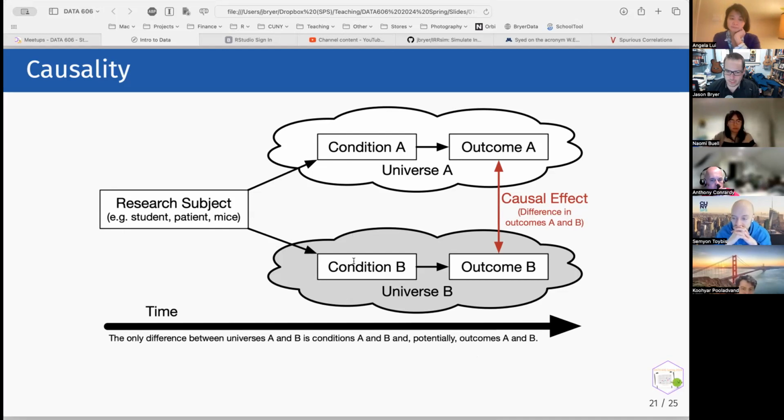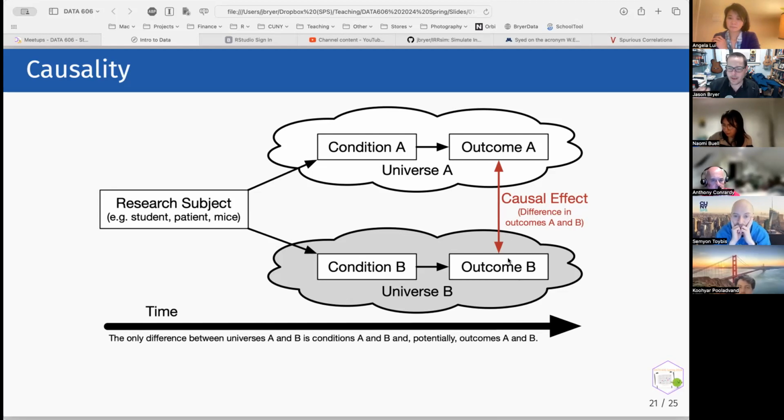I have condition A and condition B. Everything else is the same, including time, because that could be a confounder, right? Condition A happens in universe A, condition B happens in universe B. Everything else is literally the same. And at the exact same moment, I measure some outcome. So the true causal effect is taking that same research subject and measuring the difference when they're in universe A and when they're in universe B.